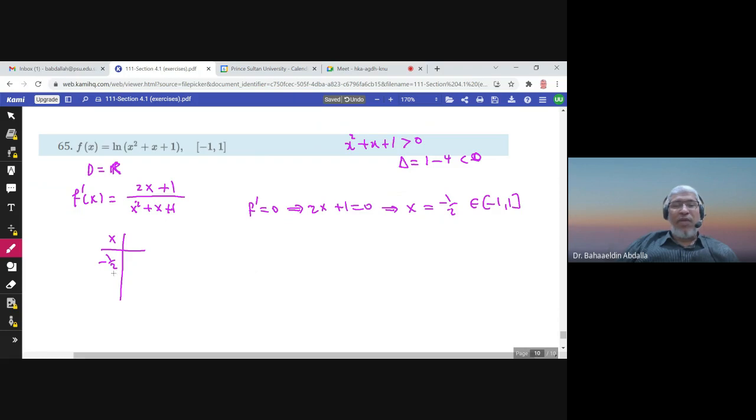And I have negative half, negative 1 and 1. If I replace x with 1, I will have ln 3. And ln 3 is approximately 1.1. If I replace x by negative 1, I'll have negative 1 plus 1, 0, negative 1 squared 1, ln 1, that's 0.